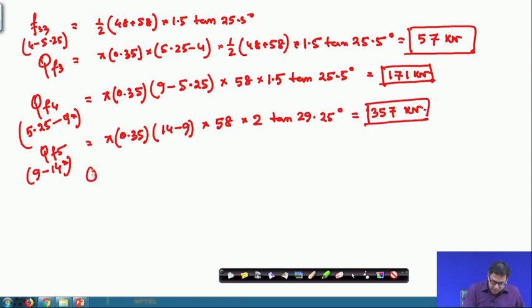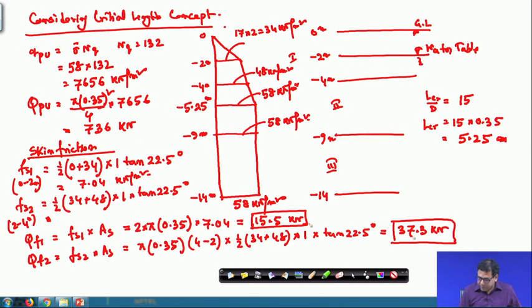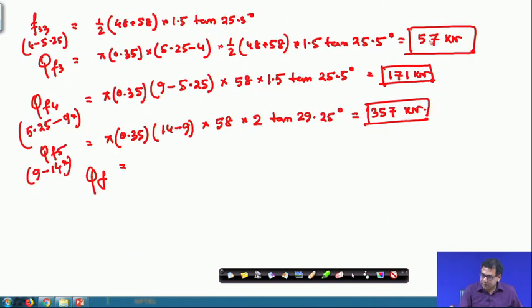Okay. So, now the final QF is equal to 15.5, 37.3, 57, 171 and 357.